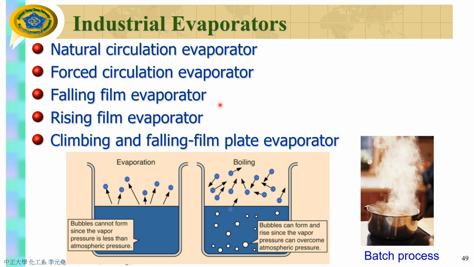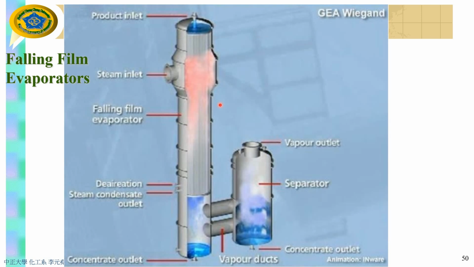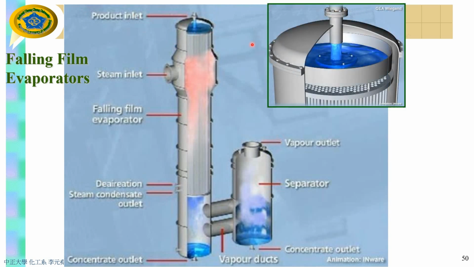Here I just introduce one example, which is the falling film evaporator. What's the falling film evaporator? You have liquids on the top, the product inlet.